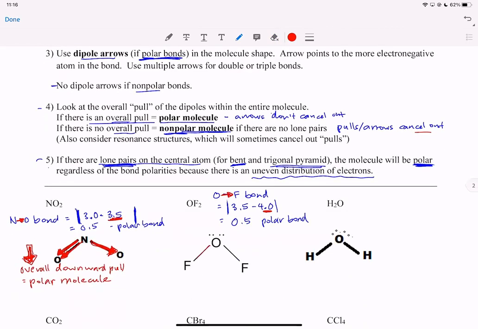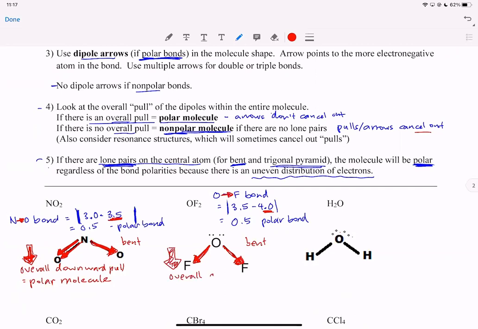So that means turn these bonds on this shape into arrows. Okay, so both of those. Notice this is the bent shape that you were given. All I did was point those arrows toward the fluorine because it's the higher value, and you still have an overall downward pull. So both of these are downward.